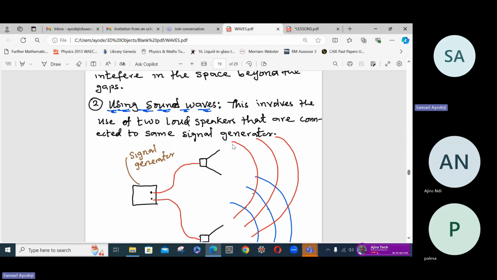Therefore, it is imperative to use a single signal generator to produce a single wave, in line with being coherent. So the purpose of a single one is so that the waves can be coherent because of the single frequency. Does that make sense? Yes, sir. Okay, fine.